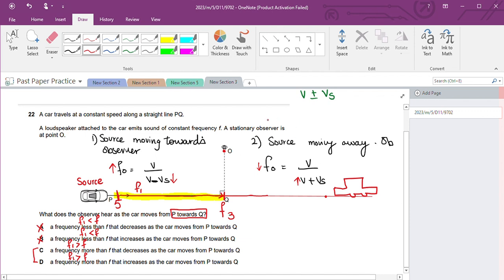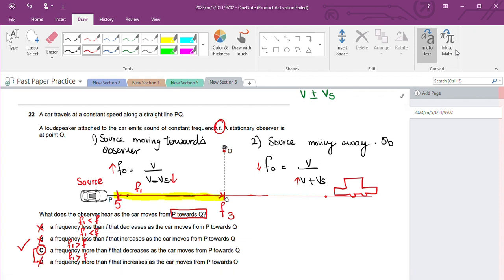We don't know that. They have just mentioned F, so we will just compare it with F. So your frequency F1 will decrease to F. So we say that option C is the correct option, not D, not B, not A. I hope it's clear.